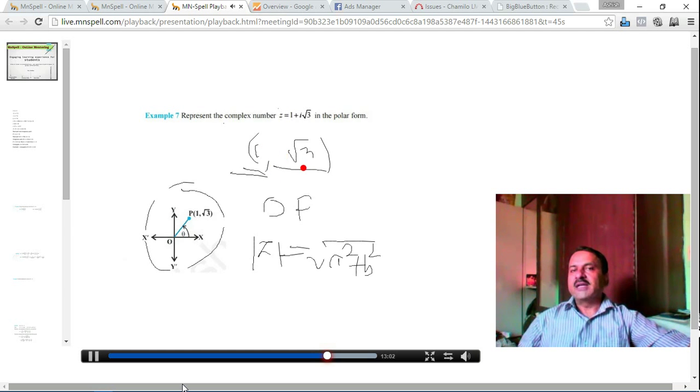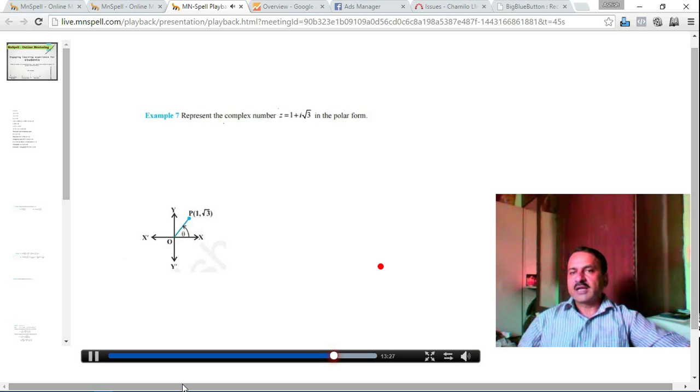And what is b? b is root 3. You have to put these values here. You will get root of a square means 1, b square means 3. You will get 2. So the length of OP is 2. It means the modulus is 2. This is the modulus of this complex number.